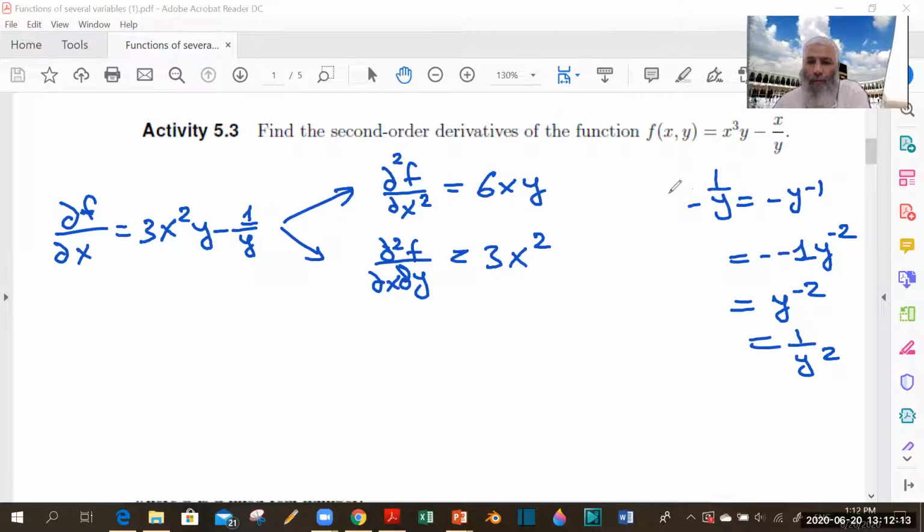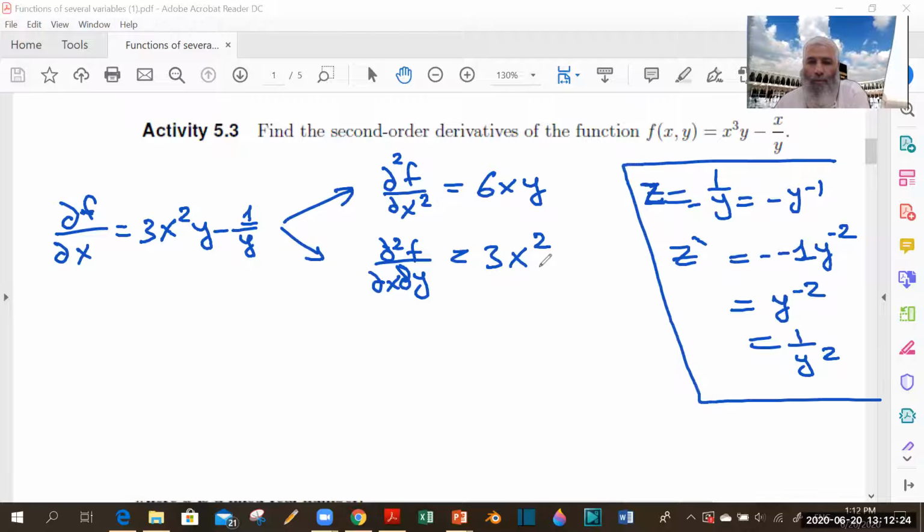Negative 1 over y is negative y power negative 1.